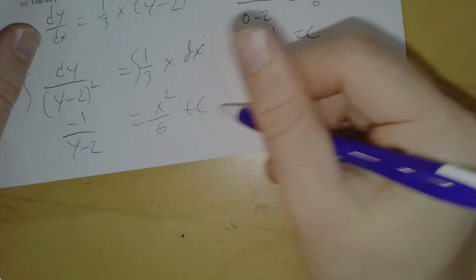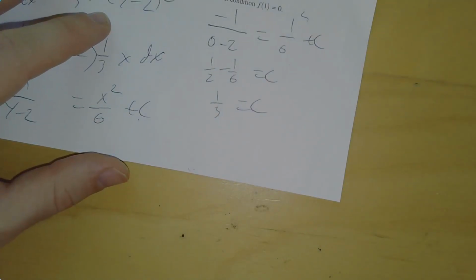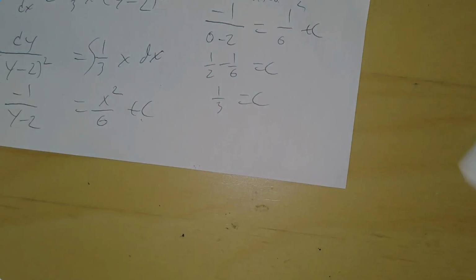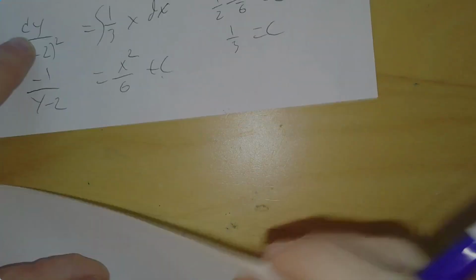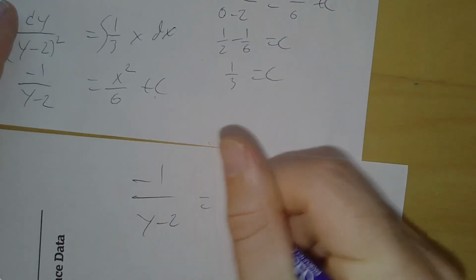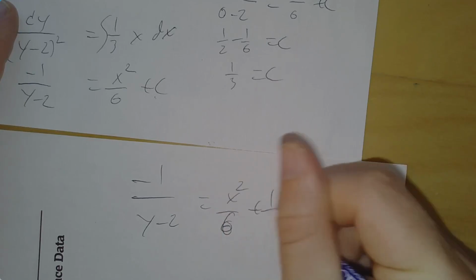So then you come back here. We're going to rewrite it: negative 1 over y minus 2 equals x squared over 6 plus 1/3.